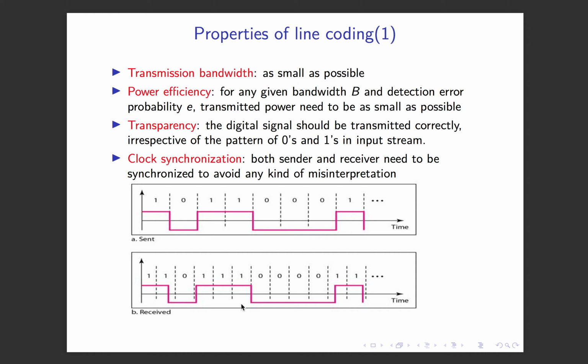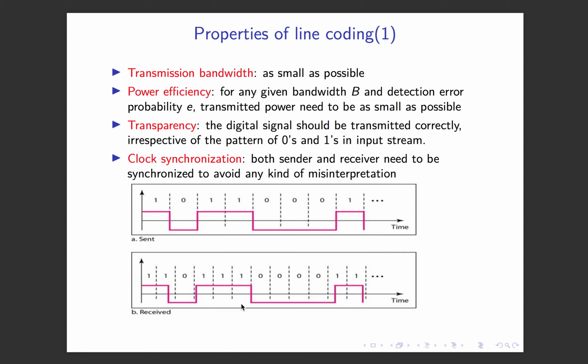Now there is another point we will talk about: transparency. We will see in a couple of minutes what the real problem with transparency is. Say we are sending a binary data stream which consists of a substring, for example 1 1 then 5 zeros then 1, or 0 0 then 5 ones then 0.